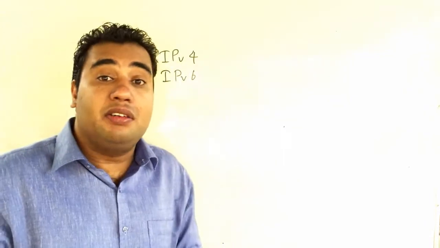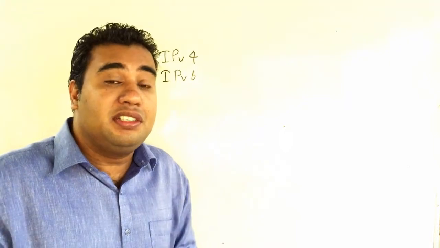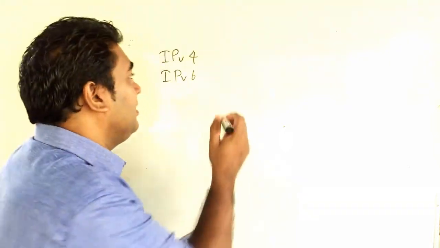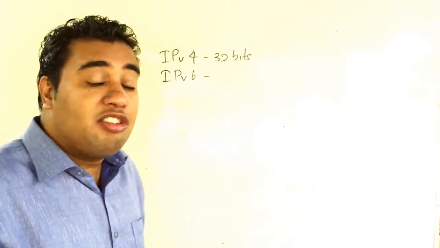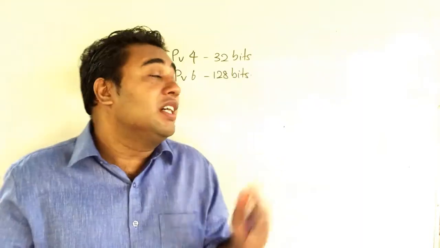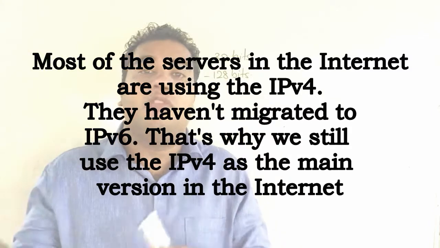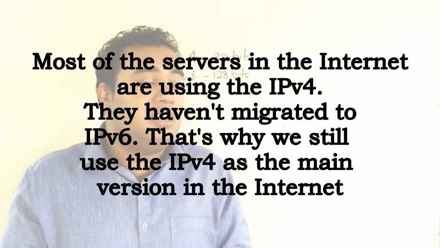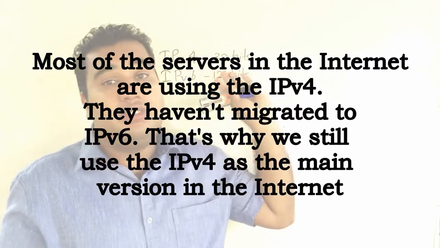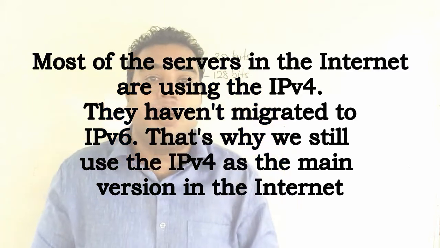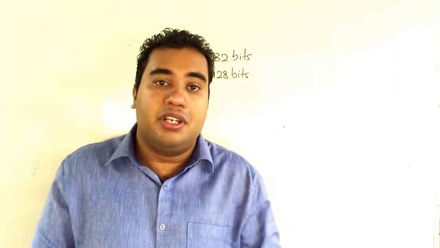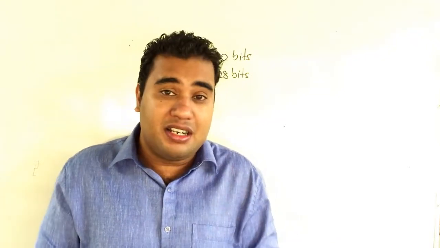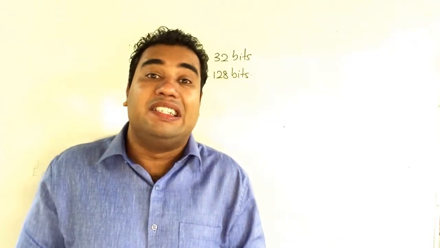IPv4 consists of 32 bits, and in IPv6 you'll find 128 bits. We are still migrating from IPv4 to IPv6. We still use basically IPv4, but you can find an IPv6 address also for your devices when you get connected to the internet.